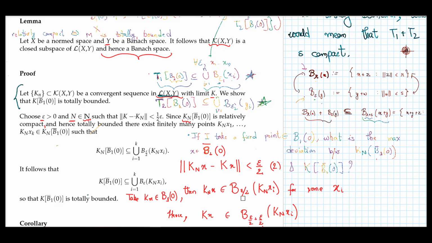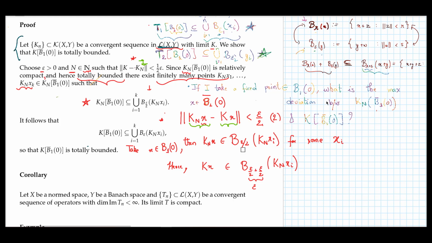So yeah, we looked at this fact also, that you are relatively compact if and only if you are totally bounded, and hence there exist finitely many points Kn x1 till Kn xk belonging to Kn(B10) such that this is completely contained in the union of all balls with radius epsilon by 2 centered around Kn xi. Okay, so till this part all we have done is use the fact that Kn is a compact operator and shown that this fact holds.